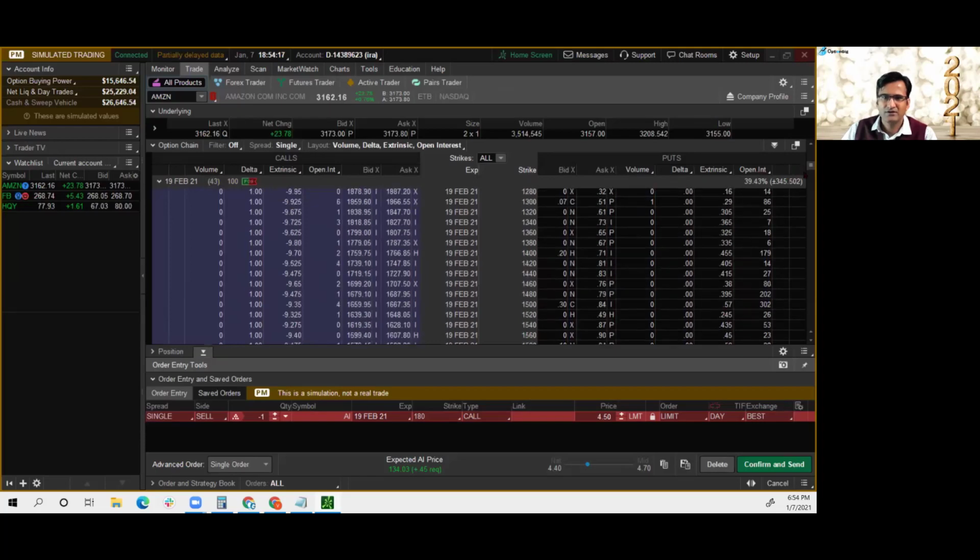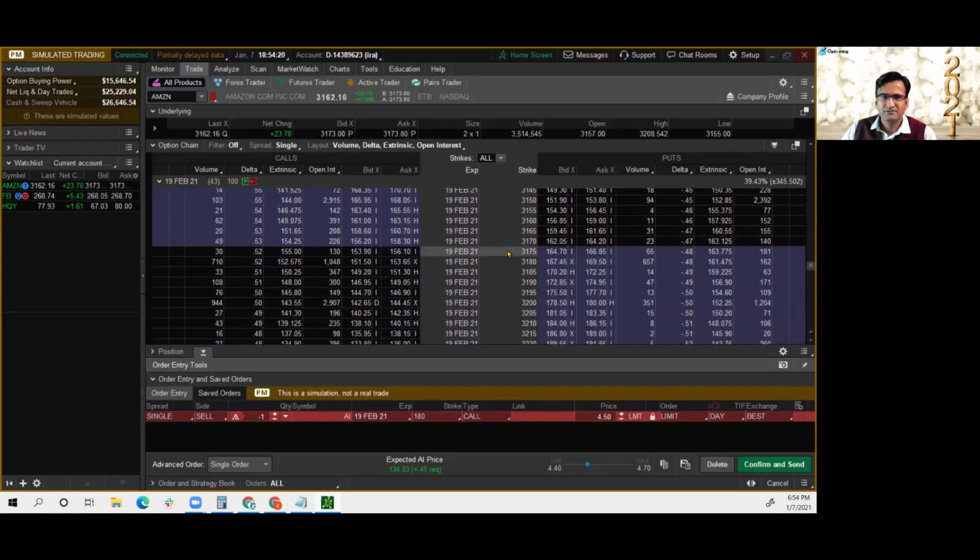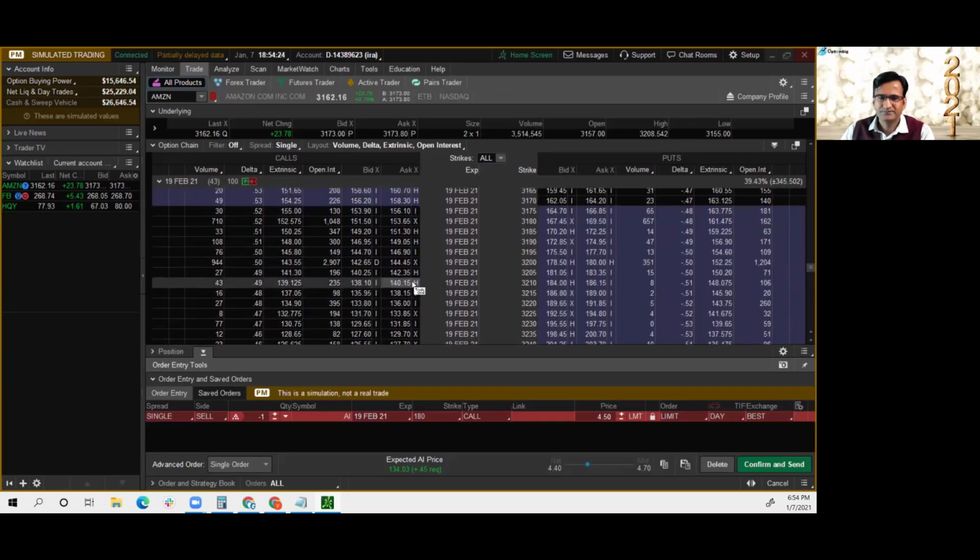We are doing a long call spread. Now, in this case, again, I'm not recommending this trade. Your long call spread means you're buying a call spread.